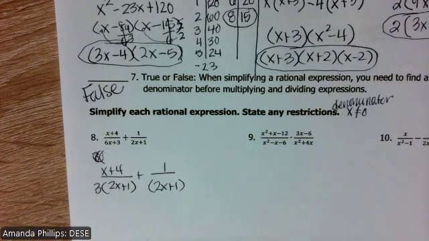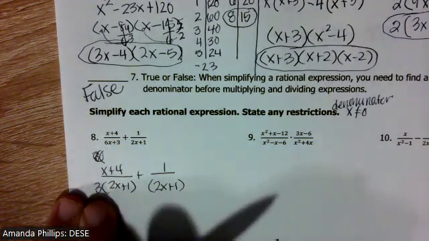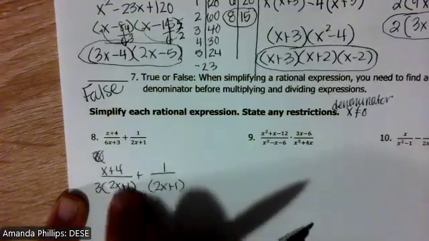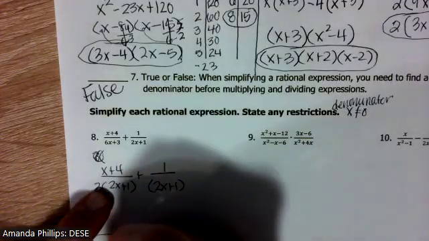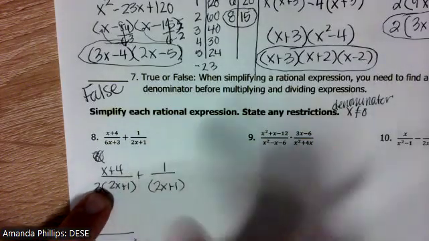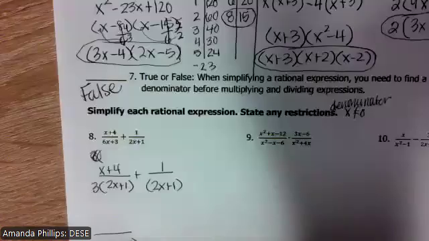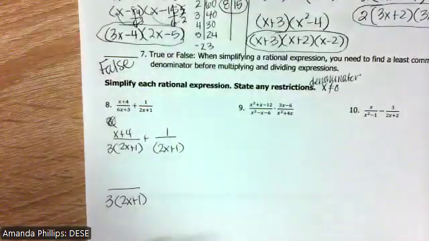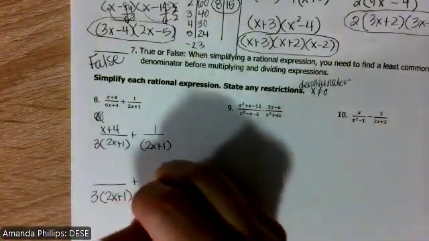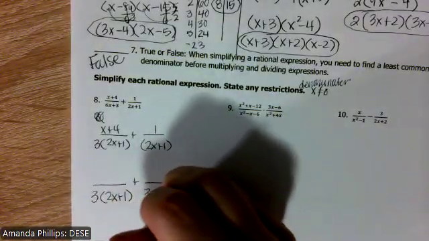They both have to have every factor that shows up. So this one has a 3, but this one doesn't, but they do have to have a 3. And this one has a 2x plus 1, and this is just a 2x plus 1. So 3 times 2x plus 1 is going to be the least common denominator. Okay, and I'm going to write that out.